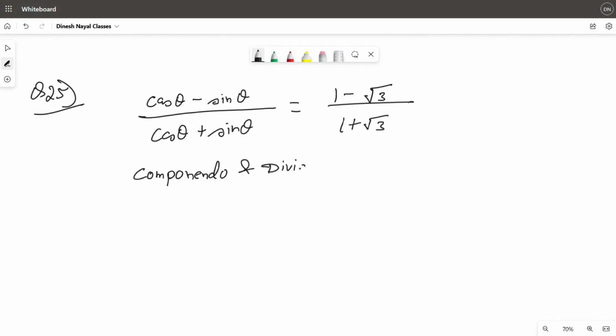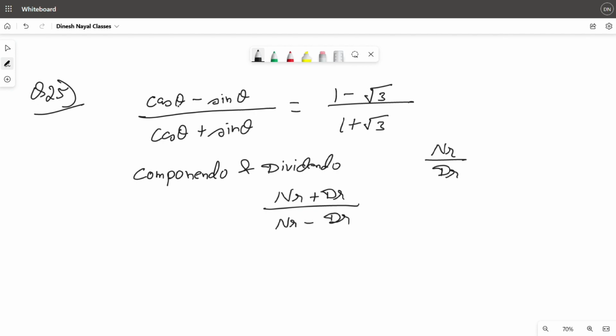If you have a given fraction with a numerator and a denominator, NR and DR, then in componendo and dividendo we take numerator plus denominator upon numerator minus denominator. We are going to apply this over the given equation.